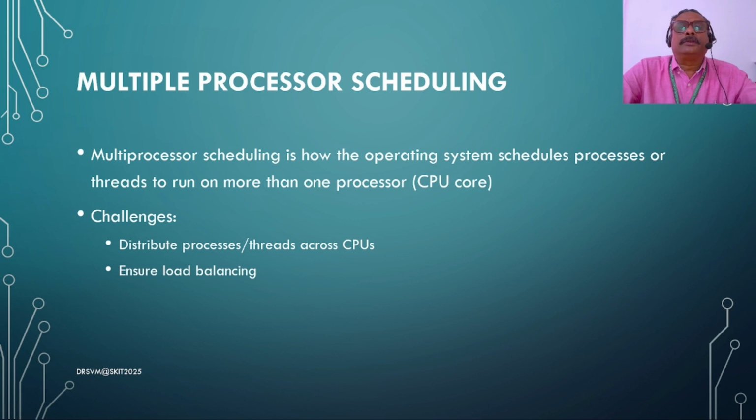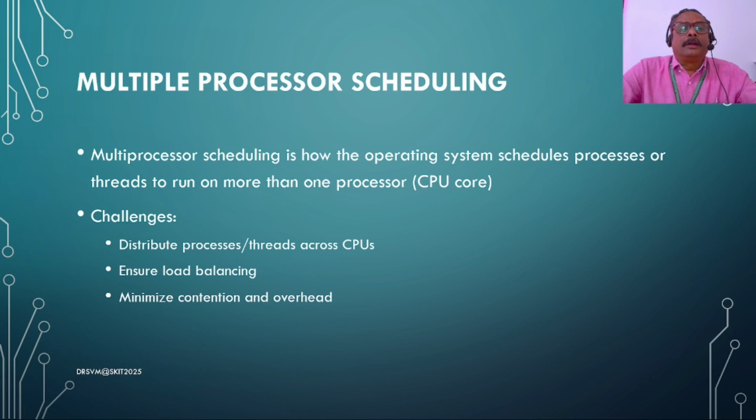We don't have any such information in advance, so it becomes very difficult to ensure that all the CPUs get an equal share of jobs, so that CPUs are neither overloaded nor waiting for any job to come up. They should have some reasonable number of jobs at any given time. So ensuring this load balancing is another challenge we face when working with a multiple processor environment.